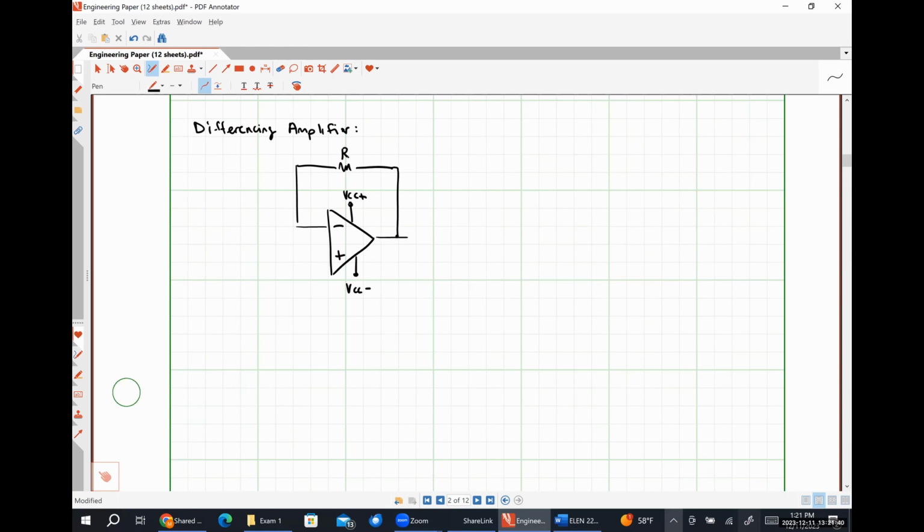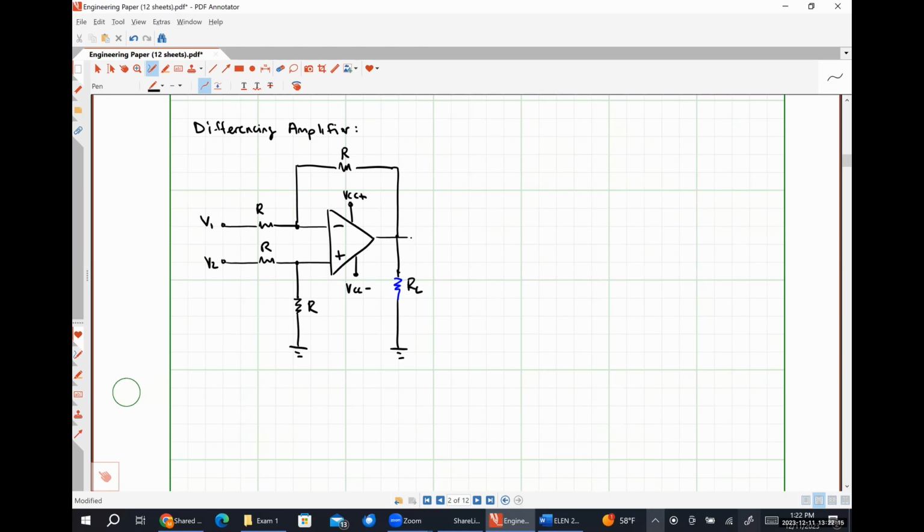I'm going to call this resistor R. I'm going to have another resistor here, also R. A resistor here, R. A resistor here, also R. I'm going to call this voltage V1, this input voltage V2. Here's our load resistance, which doesn't particularly matter, and it's the only resistor in this circuit that doesn't particularly matter. And then here's our output.